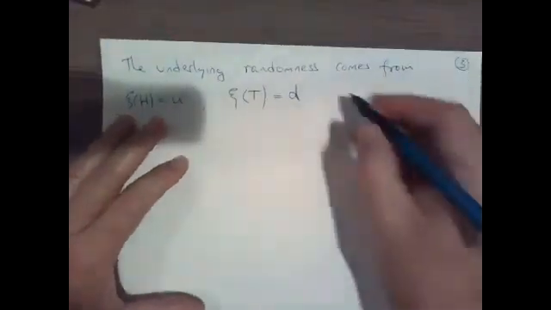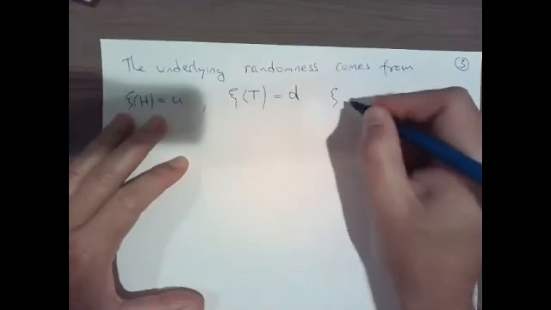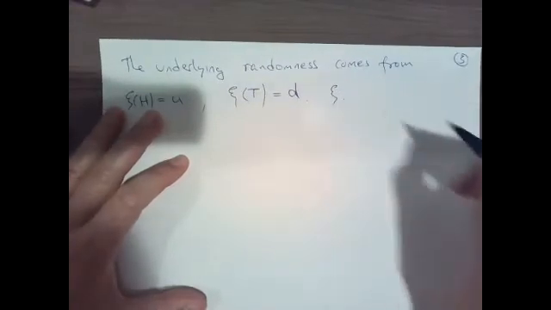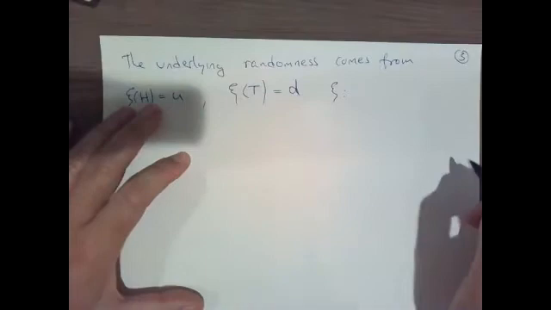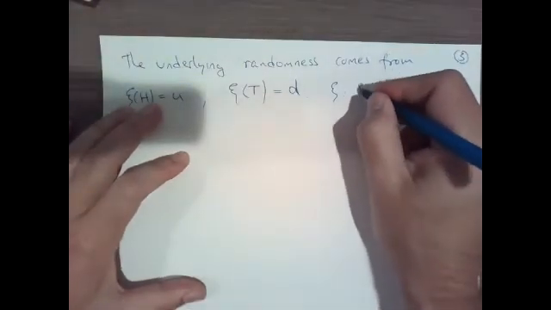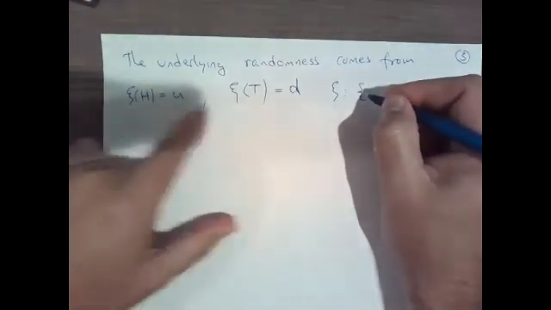And the way we want to write this psi is it's a map whose domain is going to be something that has H and T in it.